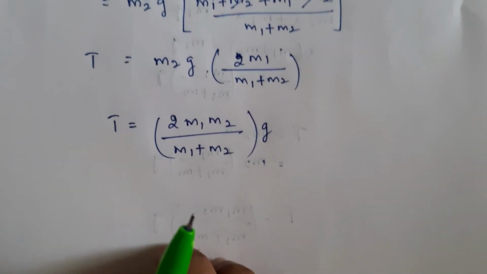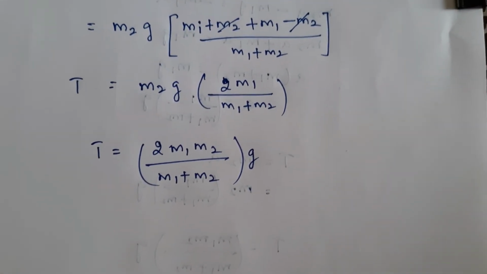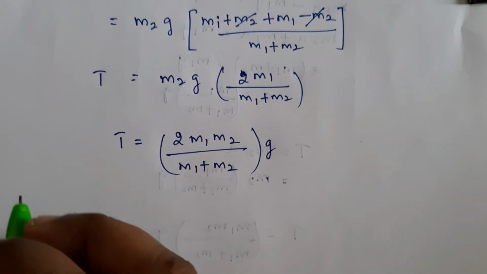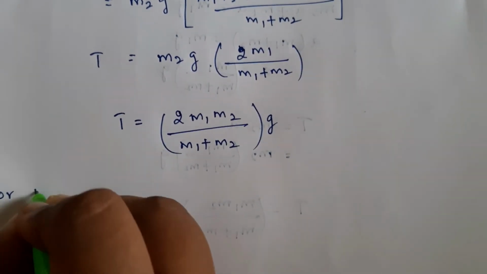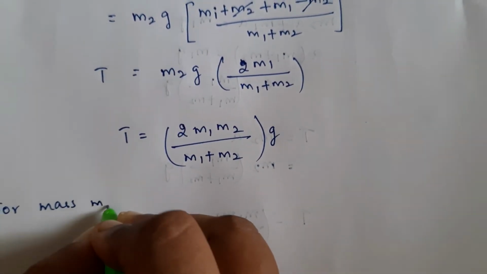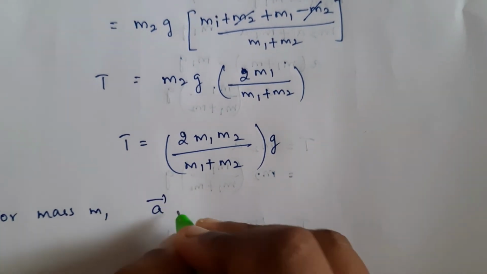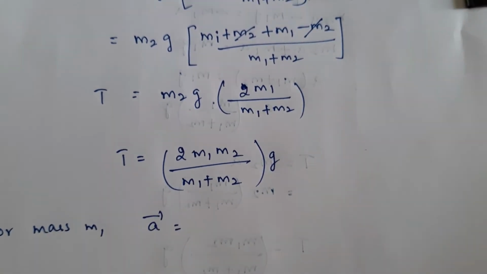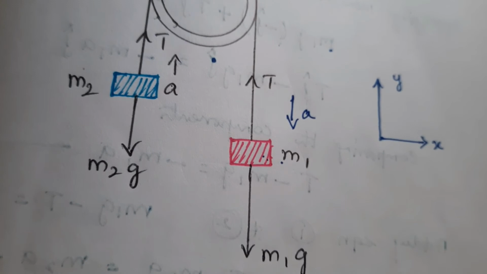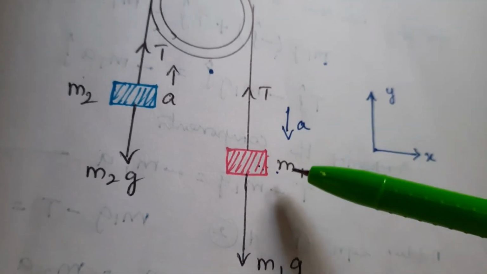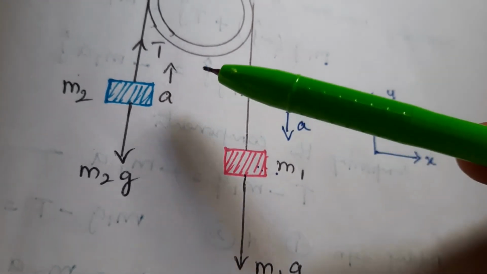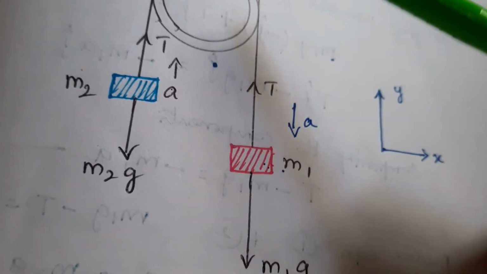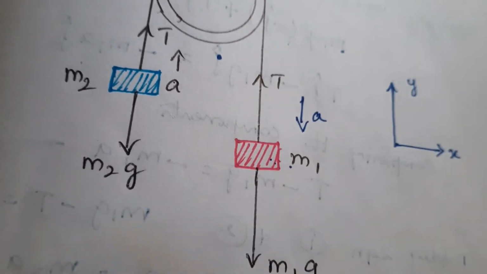Now we have to write the acceleration vector for mass m2 and m1. For mass m1, the acceleration is in the downward direction, that is the negative y-axis. For mass m2, the acceleration is in the upward direction, that is the positive y-axis.